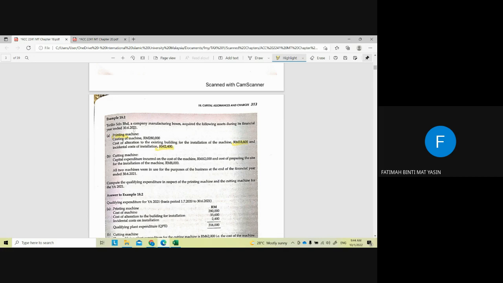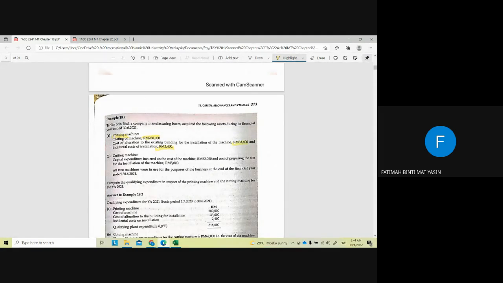Okay, so if you want to determine the QPE for this printing machine, the one we need to consider is 280,000, which is the cost, and then the cost of alteration to the existing building for the installation, which is 33,600, as well as the cost of installation, which is 2,400. So that would be the total of QPE.